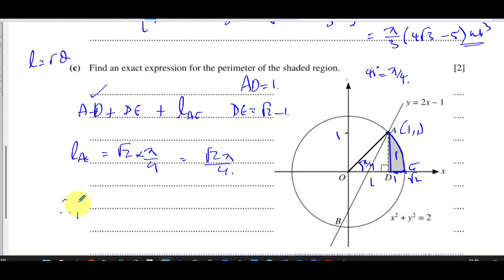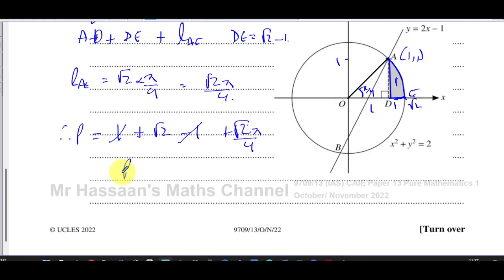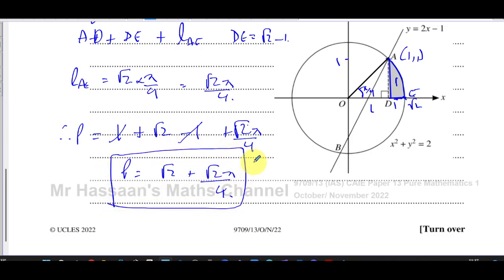So therefore, we can say the perimeter of the sector is 1 plus root 2 minus 1 plus root 2 pi over 4. So the 1's cancel out. You're left with root 2 plus root 2 pi over 4. So that's the perimeter of this shape.